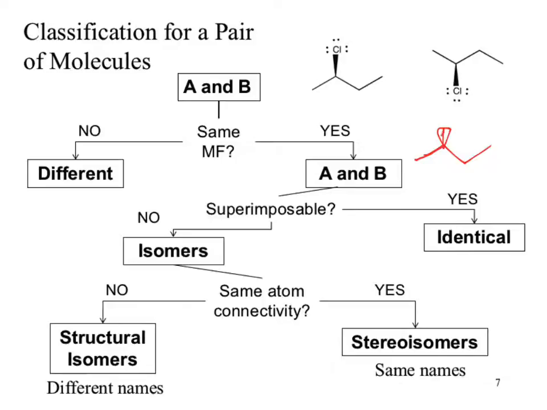We say, well, then we just draw on the chlorine. Well, doesn't that superimpose? Where's the chlorine in the original drawing? Coming at you. Right? What happens if I rotate that structure? It's now going away, which then means that is not wedged, that is dashed. Okay?